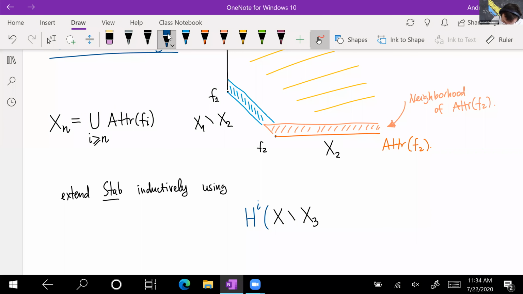X3 is somewhere, we don't see it. Then we can take this just by restriction. This goes to the smaller set, X minus X2.